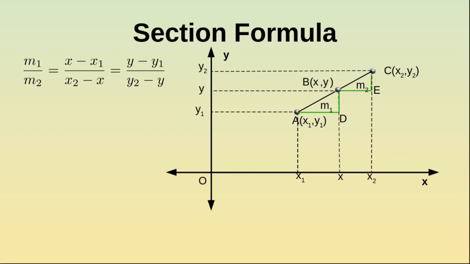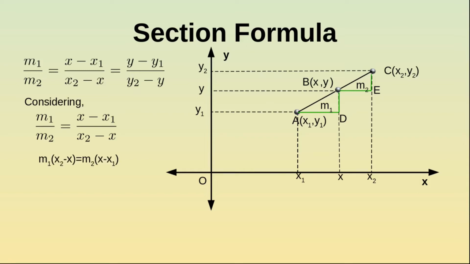Now, let's consider the first two expressions, that is M1 by M2 is equal to (x minus x1) divided by (x2 minus x). On simplifying this, we may write M1 into (x2 minus x) is equal to M2 into (x minus x1). Now, we will be solving this for x. On simplifying, we get M1 x2 minus M1 x is equal to M2 x minus M2 x1.